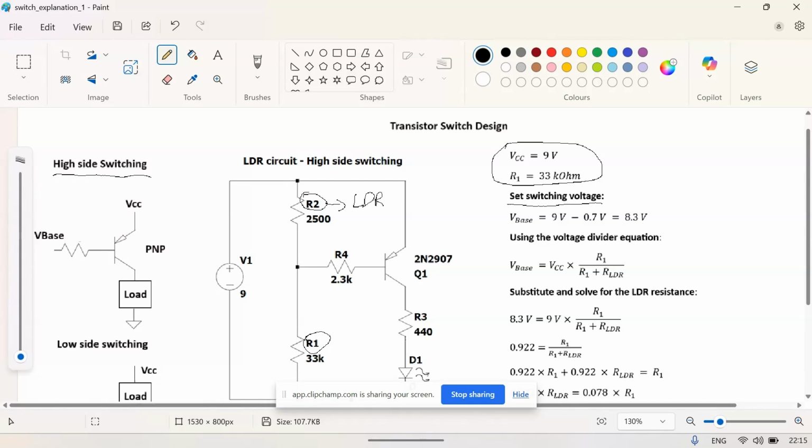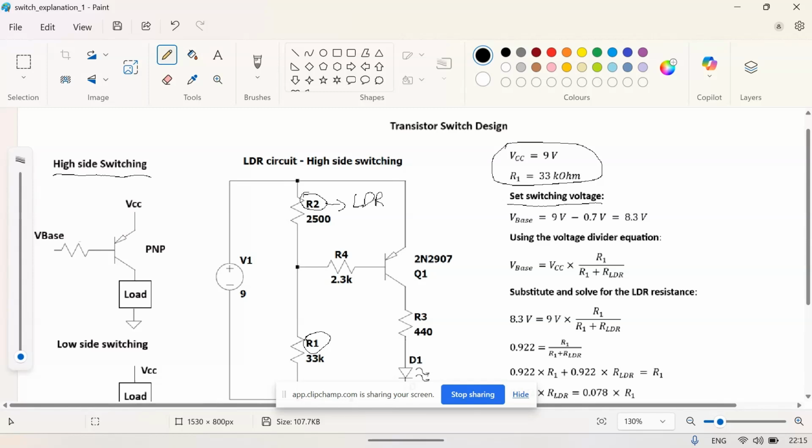This 0.7 volts is actually the voltage across the base emitter diode. So this comes to around 8.3 volts.